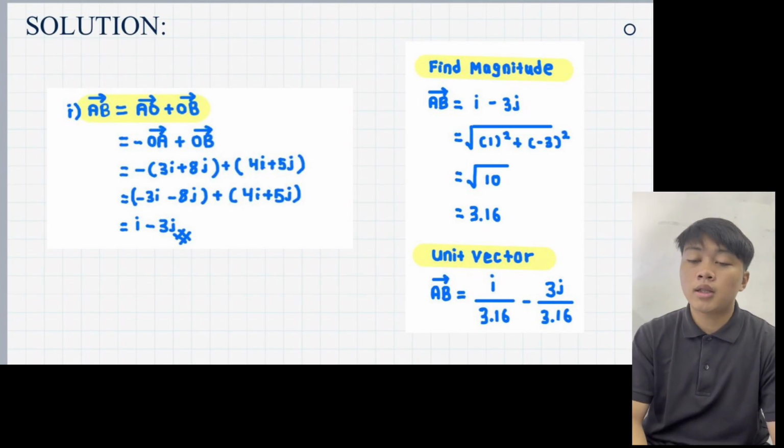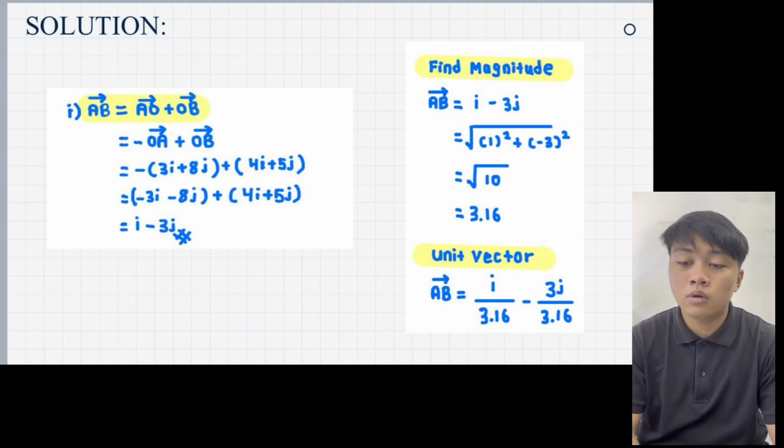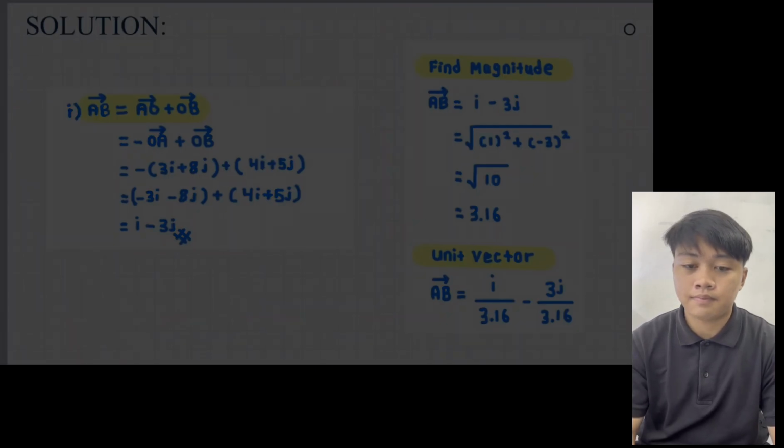Then just put it in the calculator and it will give you 3.16, and the unit vector of A to B is i over 3.16 minus 3j over 3.16.